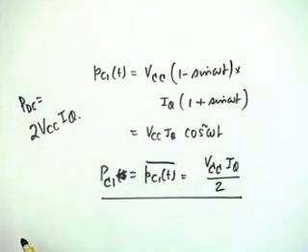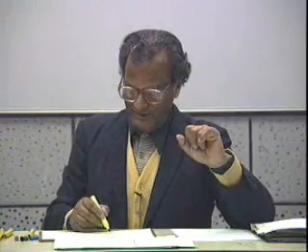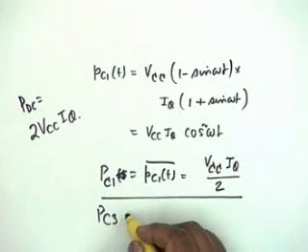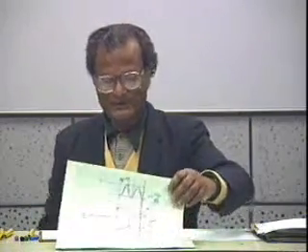Where are the others? What does Q3 dissipate? PC3. The current is a constant IQ, and the voltage across it is average voltage VCC. Isn't that right? If you look at the circuit, let's go back.